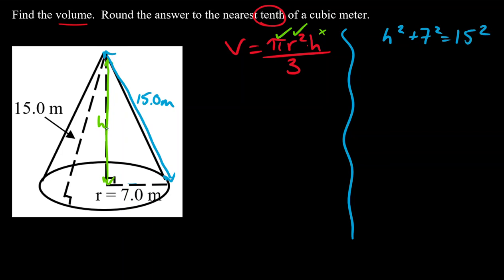So that was my a squared plus b squared equals c squared. If I want h squared, I subtract the 7 squared to the other side. So h squared equals 15 squared minus 7 squared. Then to get h by itself, I square root both sides: the square root of 15 squared minus 7 squared.